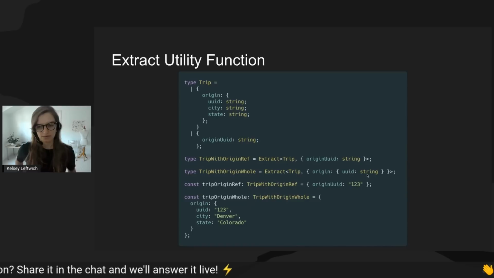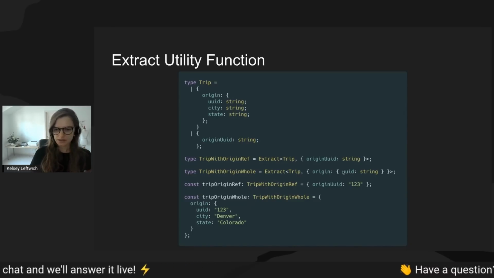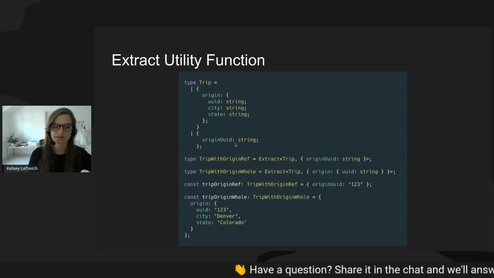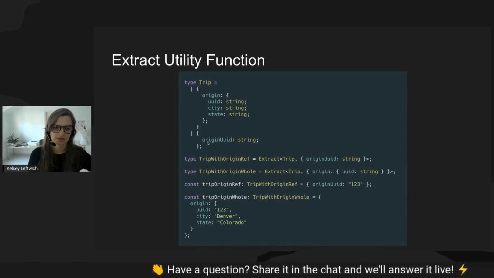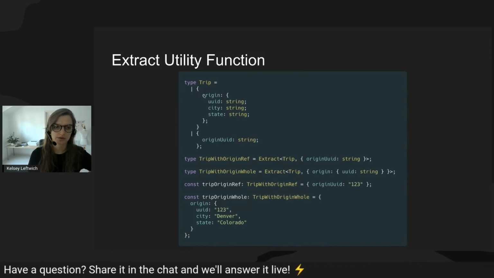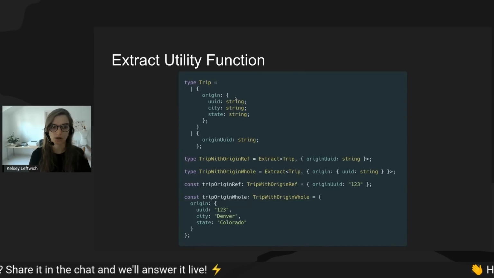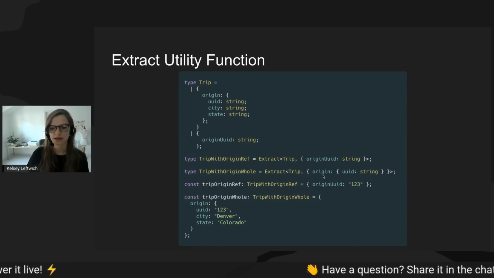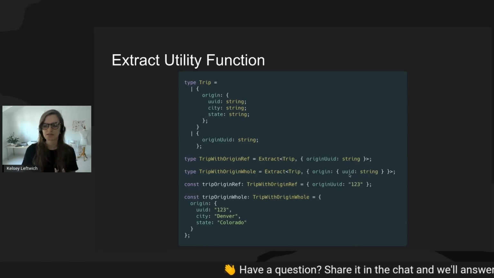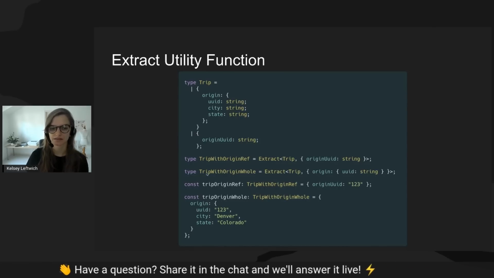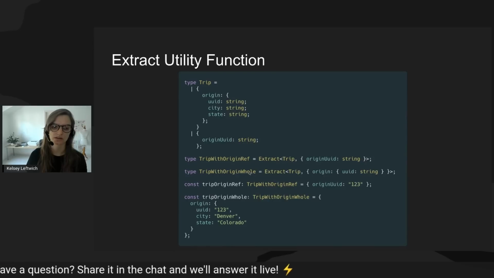What's cool about this is I know that the main way these two union types differ is that in this one I just have the UUID, and in the other I have the origin as a whole object. I don't have to pass in the city and the state as well. I just know there's going to be an origin, it'll have an identifying field, and it'll pull off all the other fields too into this TripWithOriginWhole type.